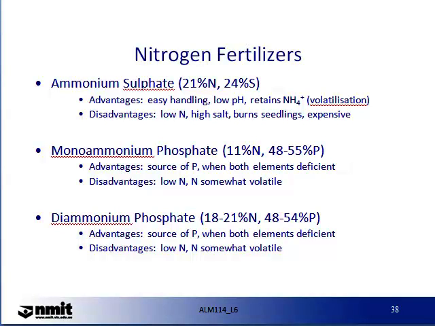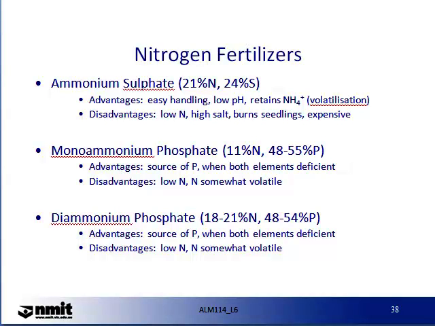Monoammonium phosphate contains 11% nitrogen and a range of phosphorus between 48 and 55%. The advantage is that it's a source of phosphorus when both elements are deficient. The disadvantage is that the concentration of nitrogen tends to be low, and nitrogen is somewhat volatile in this fertilizer.